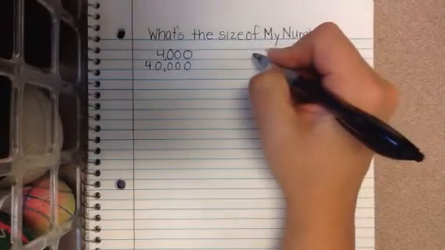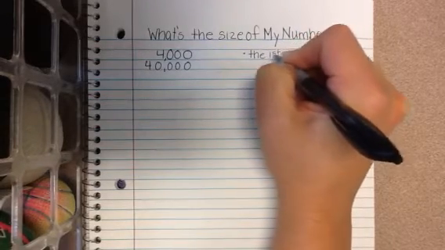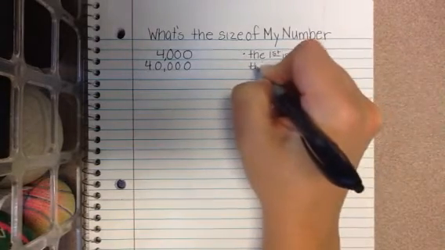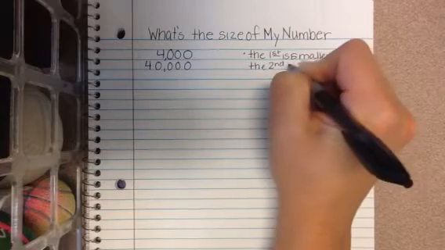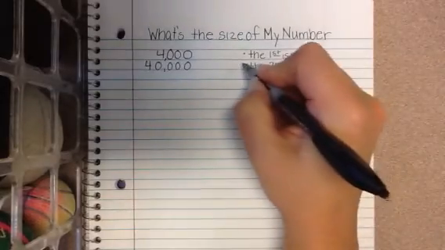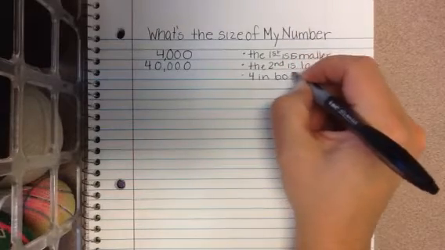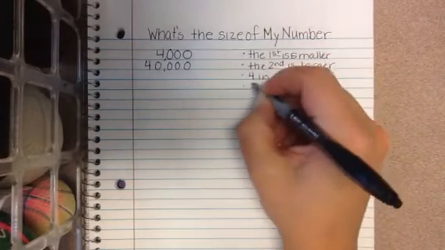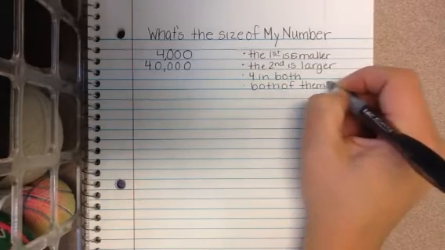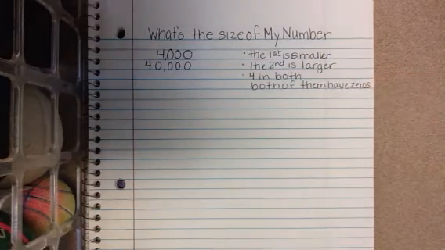Okay, so if you said that maybe the first is smaller, the second is larger, there is a 4 in both of them, both of them have zeros, these are some obvious things that we can see right off the bat.